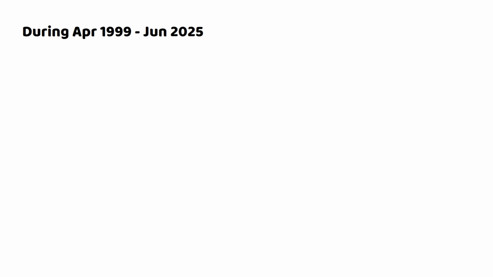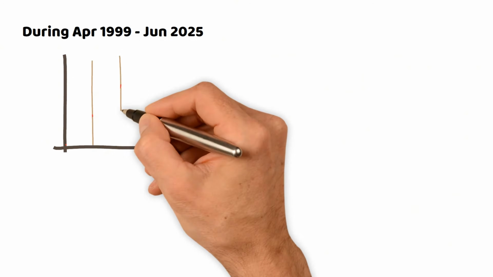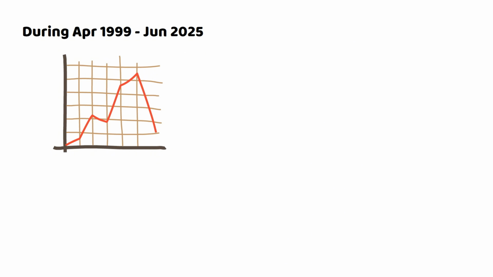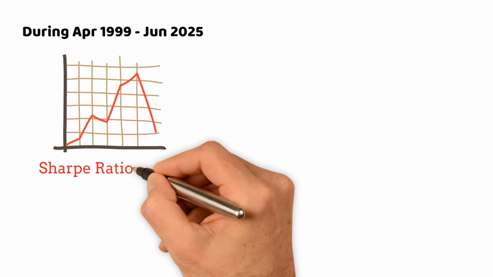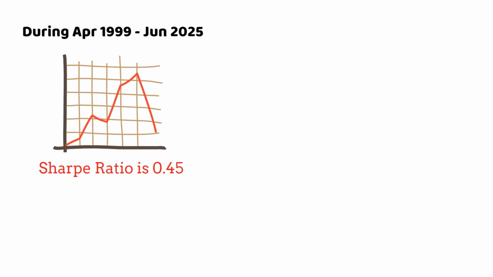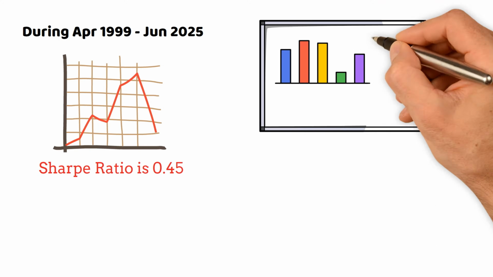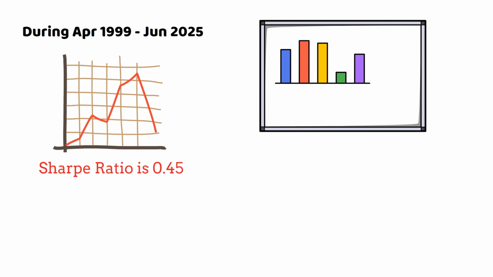If we zoom out and look from 1999 onward, covering events like the dot-com crash and the global financial crisis, even a relatively stable ETF like QQQ would see its long-term Sharpe ratio drop to around 0.45. And for TQQQ, which is far more volatile, the risk-adjusted returns would naturally be even lower.